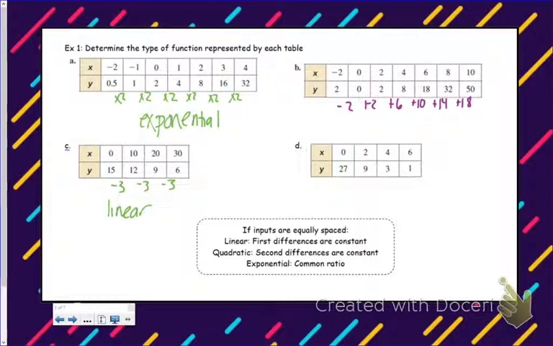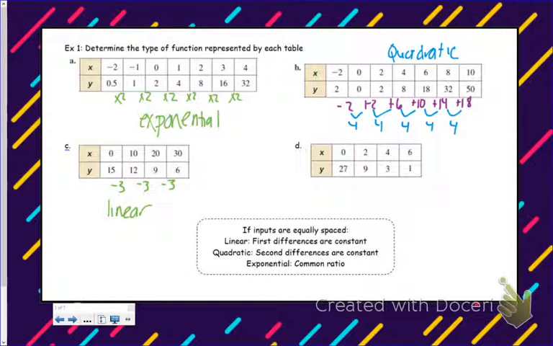So the multiplication is not going to work either. So what we can check then is our second differences. So instead now I'm going to look at the change from -2 to 2. So I'm looking at the change at this second level, and those are consistent. So if the second differences are constant, then that's showing a quadratic model. So this is a quadratic set of data.